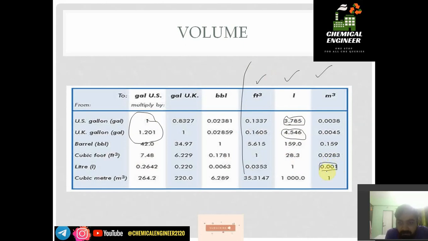This value you should remember. And 1 liter is equal to 0.0353 feet cube. This also you should remember, or 1 feet cube equals 28 liters, roughly. So these are all the values you should remember.